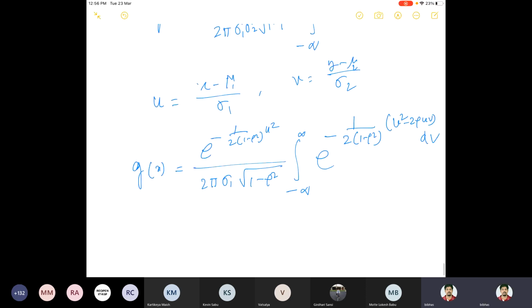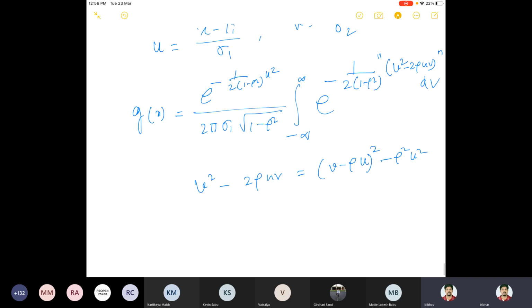And then you try to again make this a perfect square. So v square minus 2 rho uv, if you want to make it a square, this will be v minus rho times u whole square minus rho square u square.